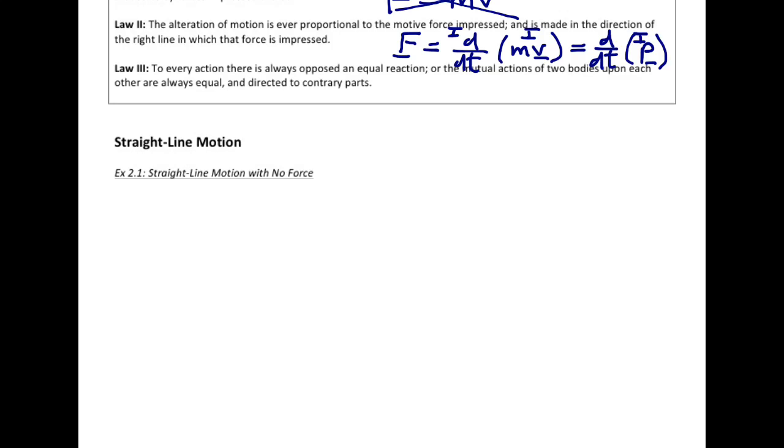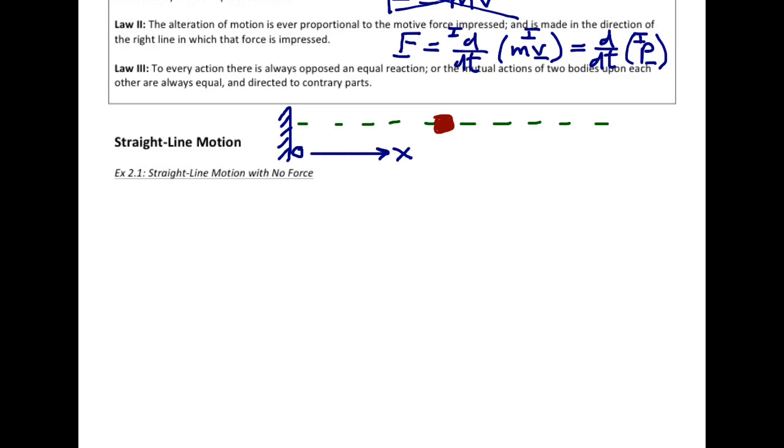But let's draw a diagram to be sure that we're all on the same page. So in straight line motion, I'm going to draw a wall, and that's going to be our origin. We'll call it O. We're measuring x from that point. So positive x is going to be to the right, negative x would be to the left, and we have a particle that's moving on a line.